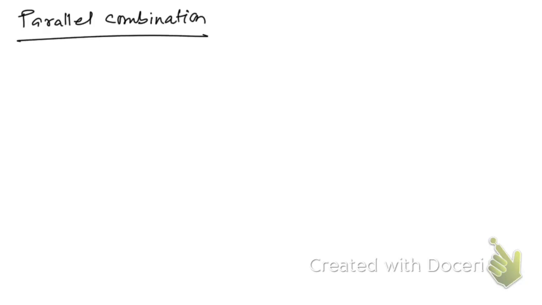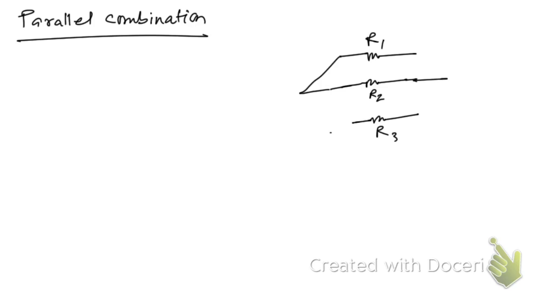Now let us consider three resistors. Suppose this is R1, R2 and R3. Now let us connect those resistors in such a way that the potential difference across each resistor is equal to the applied potential difference across the combination, right?